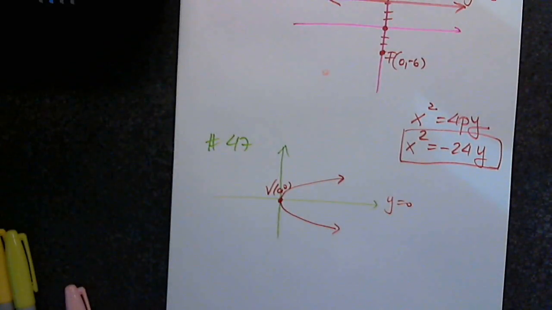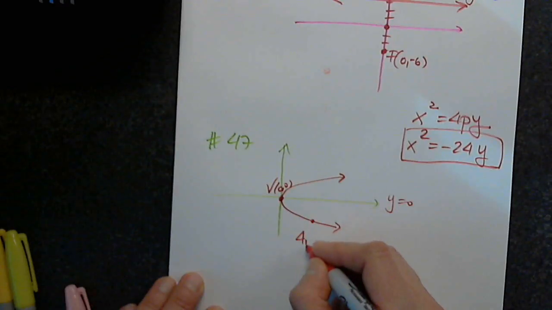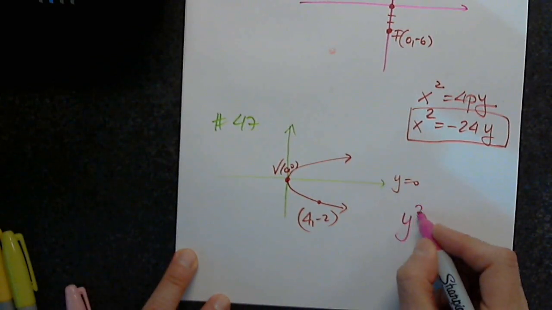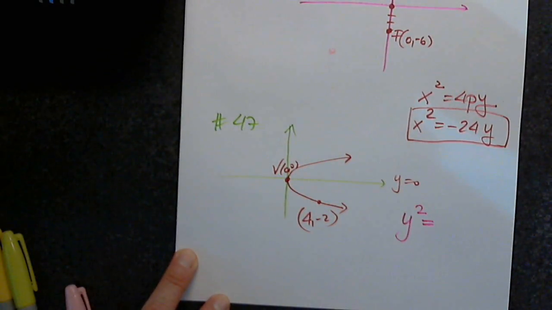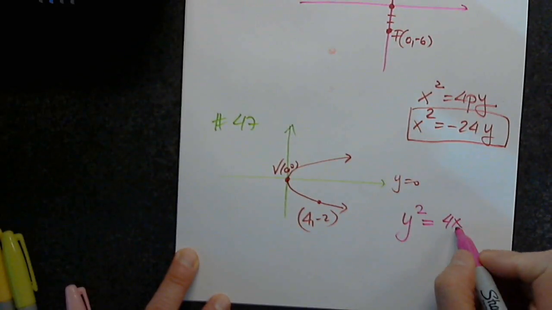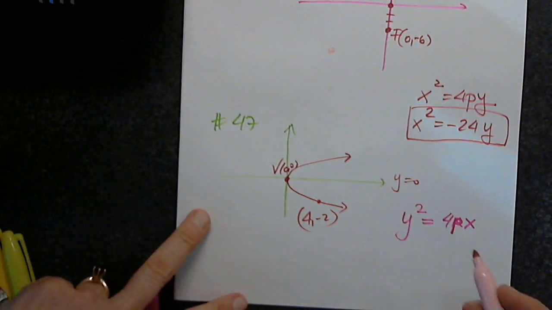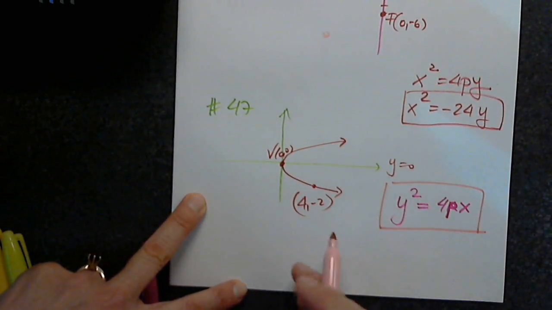Y equals 0 is the axis of symmetry, and it passes through (4, -2). If the parabola opens this way, it is not a function, so it is y squared equals 4px. We can plug the coordinates into that and find p.